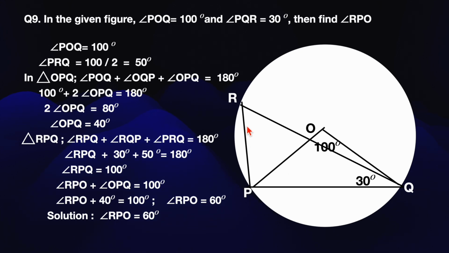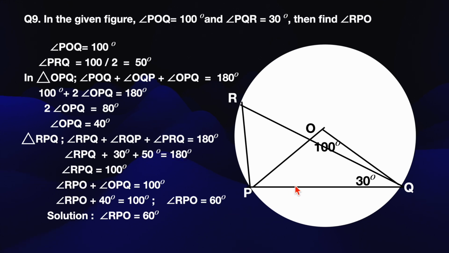So let's write down: 50 plus 30 plus RPQ is equal to 180. So RPQ is equal to 100. But what is RPQ? RPO plus OPQ, and OPQ is 40 degrees. Substitute here. So RPO is equal to 100 minus 40, that is 60 degrees.